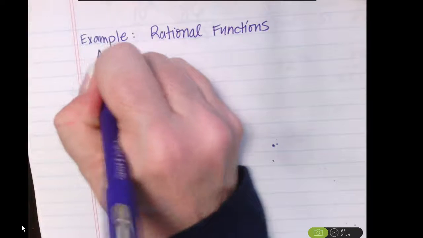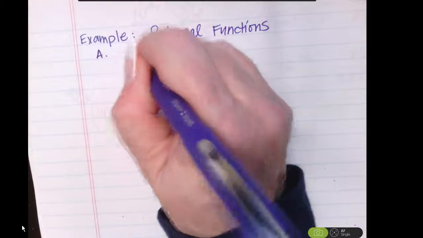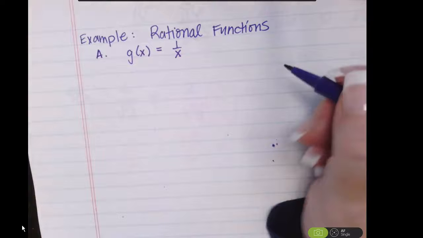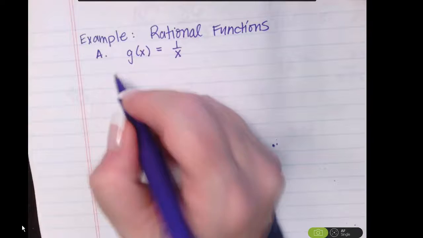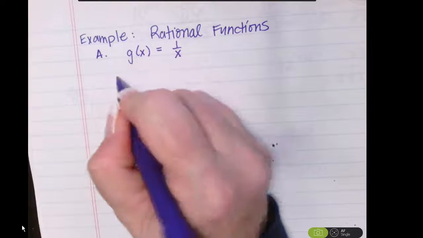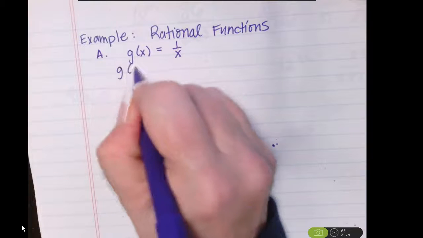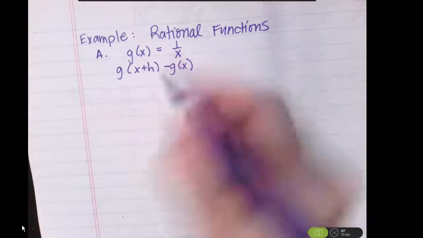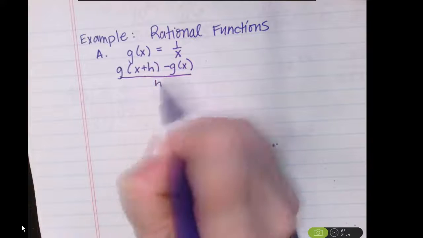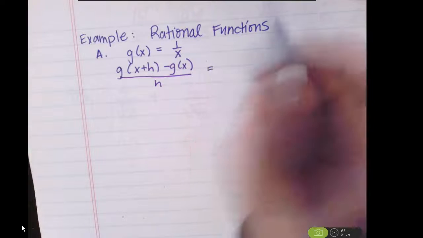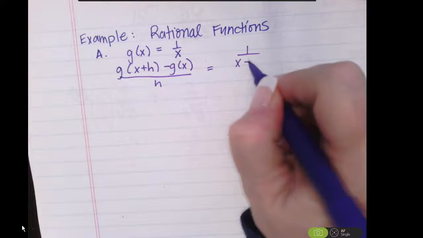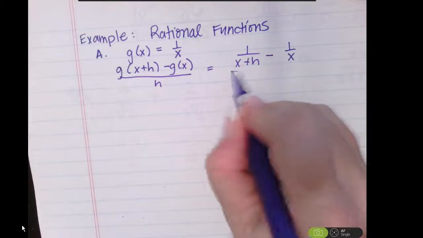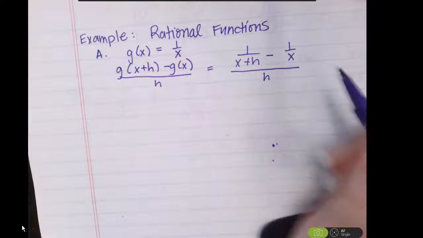So example A is g of x equals 1 over x, and that's a parent function of a rational function. So let's start out with the difference quotient. So g of x plus h minus g of x, all of that over h, and then we're going to substitute. So we have 1 over x plus h minus 1 over x, all of that over h.